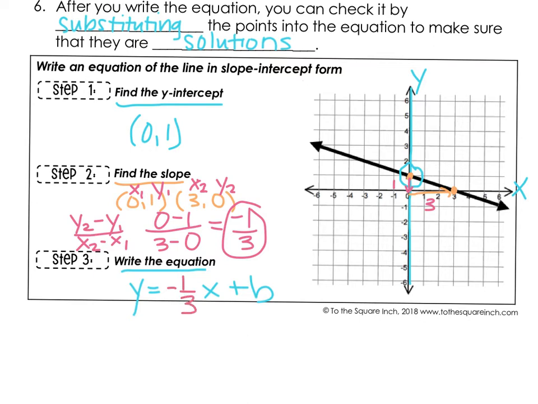And our b, we said, was 1, so I'm going to also erase b and write my y-intercept, which is 1. So our equation is y equals negative 1/3 x plus 1.